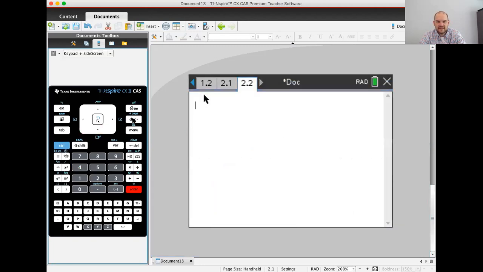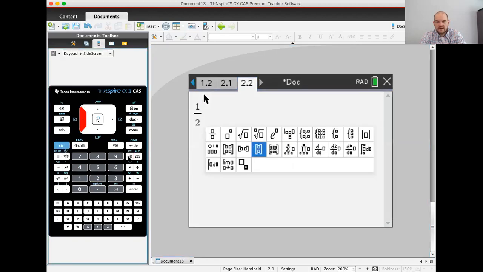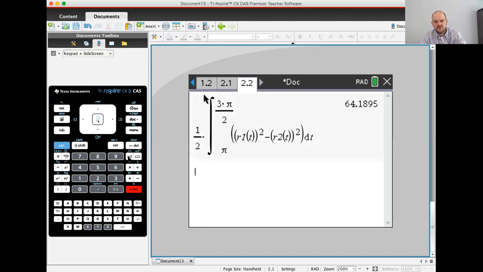Let's add a calculator page, and we're going to do 1/2, because it's polar, integral from pi to 3 pi over 2 of, the first one I graphed was the little baby one, so that's r1 of t squared minus the second one, the linear one. If I get a positive, I got them in the right order. If I get a negative, I got them in the opposite order. And then dt.